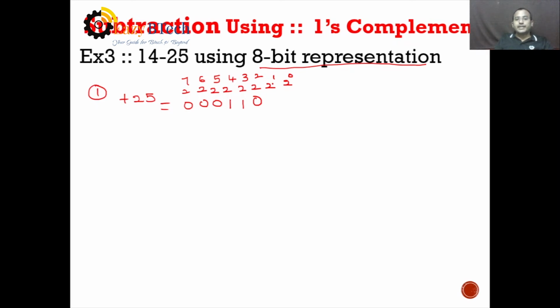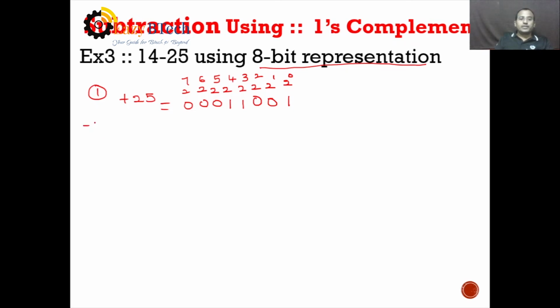If you take this 2 also, it will become 26, so you need not take the 2 power 1 position. The 2 power 0 position we have to take. So this is the representation of plus 25 in 8-bit binary, right? 2 power 4 means 16, 16 plus 8, 24, 24 plus 1, 25.